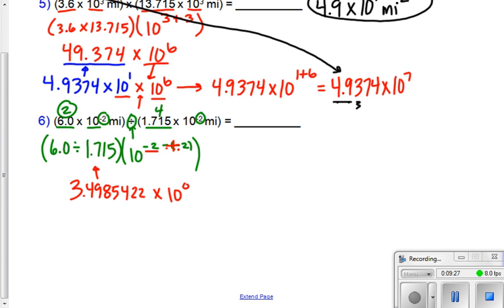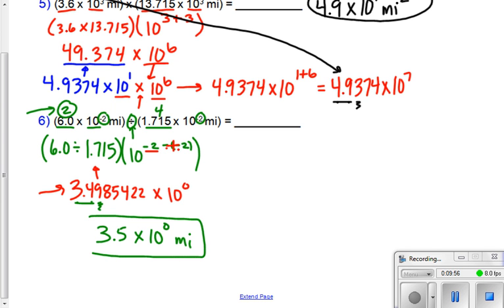That first number here, it is at least 1, but less than 10. Only problem is we have to go down to 2 significant digits. So that was that least value, 2 significant digits. So 3 and 4 are significant. Look at the 9. 9 rounds up. So we would come up with 3.5 times 10 to the power of 0, and this would be miles. This will conclude calculating significant digits.